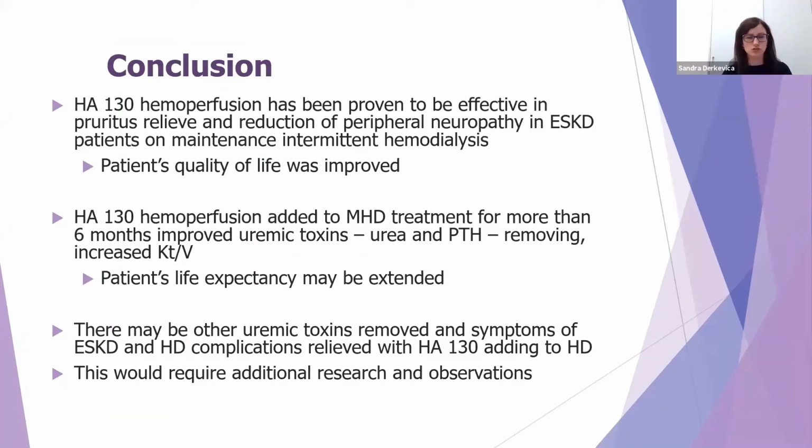HA-130 hemoperfusion added to maintenance hemodialysis treatment for more than 6 months improved uremic toxins, urea and PTH removal, and increased KTV. Patients' life expectancy may be extended, and there may be other uremic toxins removed and symptoms of end-stage kidney disease and hemodialysis complications relieved, with HA-130 added to hemodialysis. Of course, this would require additional research and observations.